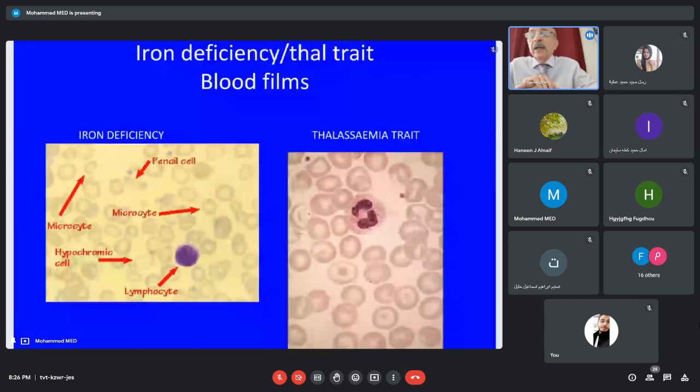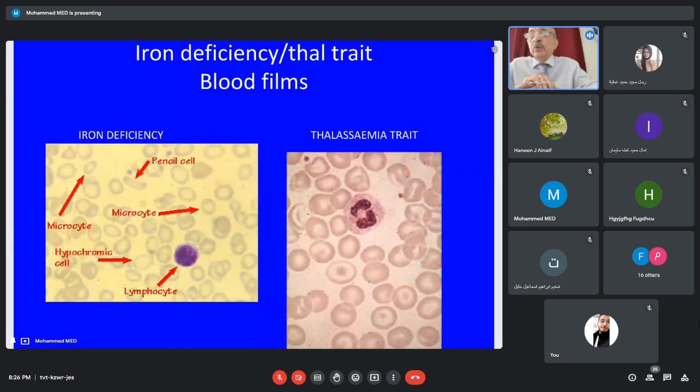Yes, and this slide: on the right-hand side is a blood film of thalassemia, and on the left-hand side a blood film of iron deficiency. You see both slides showing hypochromia and red blood cells of small size.